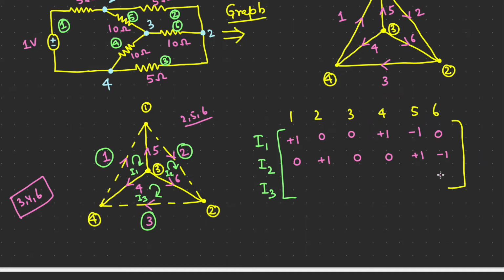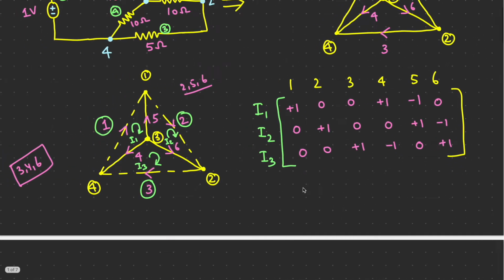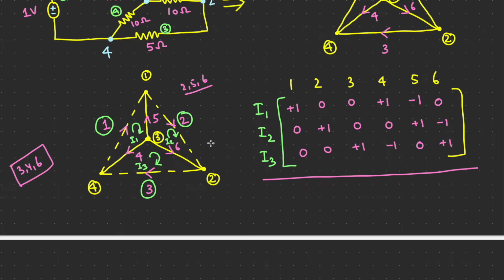So 6 will be +1, 3 will also be +1, and 4 will be -1. The rest are 0. So we got the tie-set matrix. This is called the tie-set matrix of this network by considering the tree as 4, 5, and 6. If we consider different twigs, this will become a different tie-set matrix.